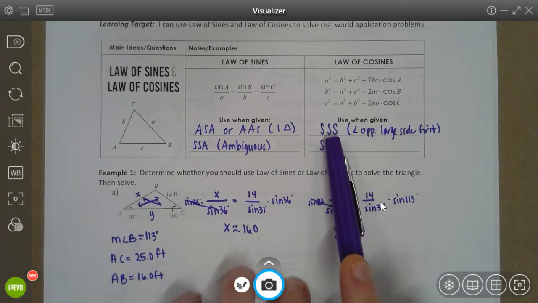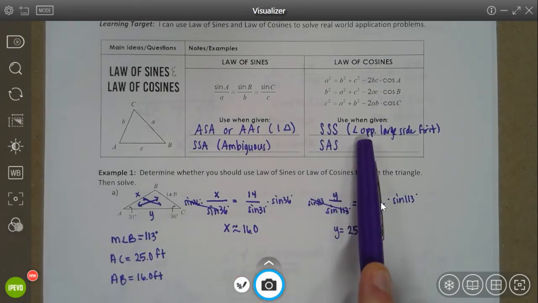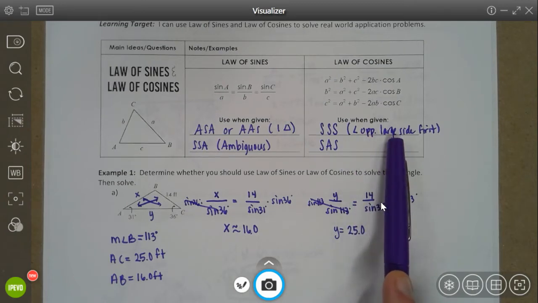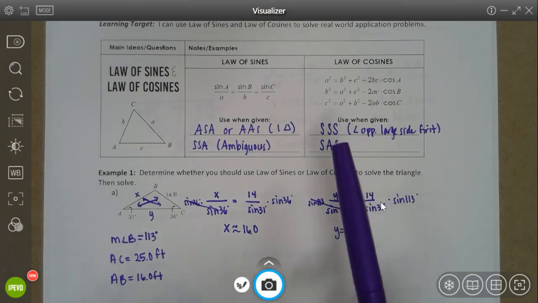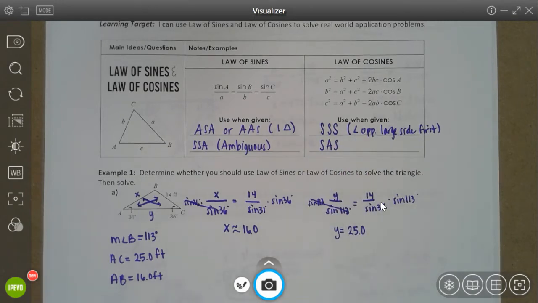When we're given side, side, side, we're going to solve for an angle. I recommend finding the angle opposite the largest side first, because the largest angle in a triangle is always going to be opposite the largest side. If I use law of cosines, I'll be able to figure out if I get an obtuse angle right away, and I won't have to worry about the ambiguous case because a triangle can only have one obtuse angle.